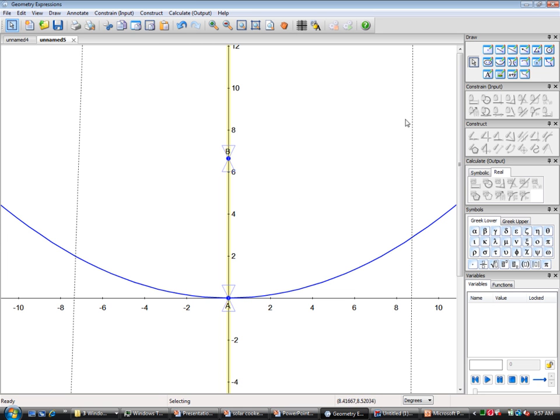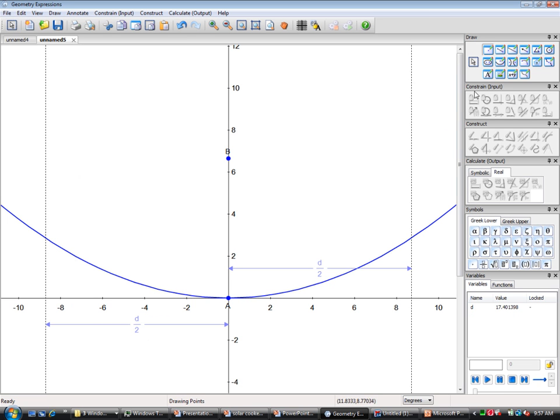If the diameter of our mirror is d, then the distance from the axis to these lines, which mark the edge of the mirror, is going to be d over 2.